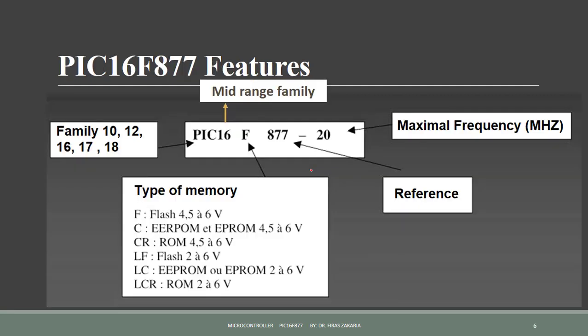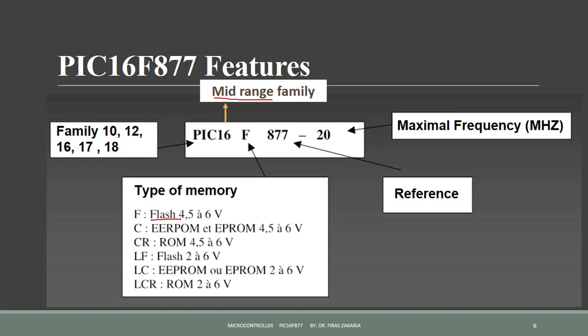Here we can see the basic features of the PIC16F877. 16 indicates that this microcontroller belongs to the mid-range family, which uses instruction words of 14 bits. The F indicates that the PIC microcontroller uses flash memory and can be erased electronically.